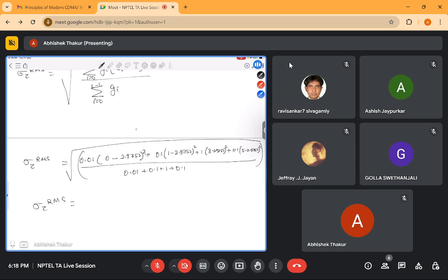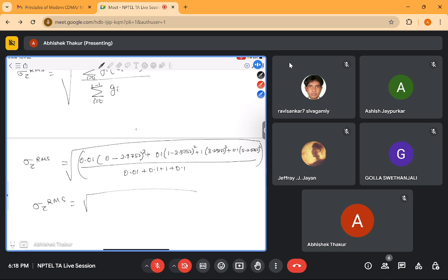I can write directly the answer for this. So it will be, or we can calculate also, 0.01 into 2.97 into 2.97.